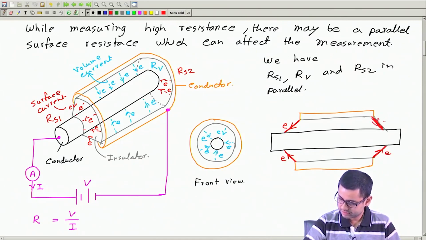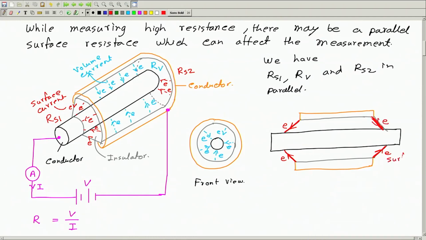So, this is the surface current, and the volume current flows here. This is the direction of the electrons. So, the volume current flows everywhere, the surface current flows only through the surface. So, these three are in parallel.